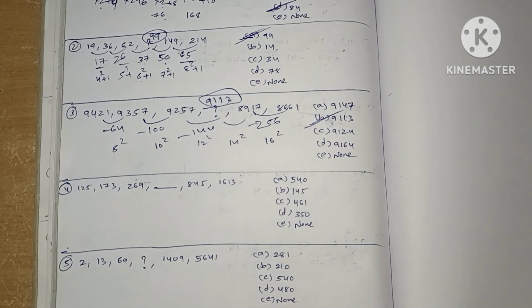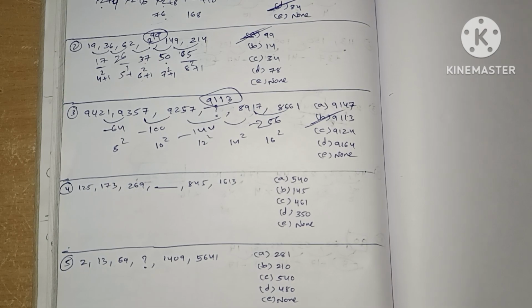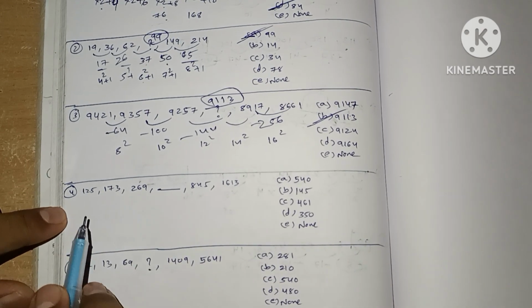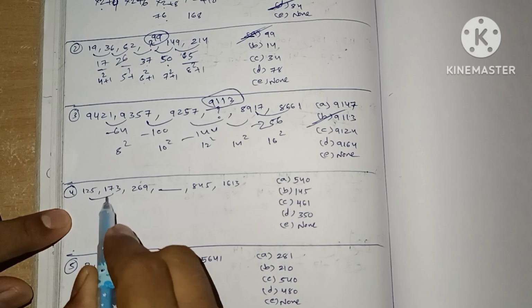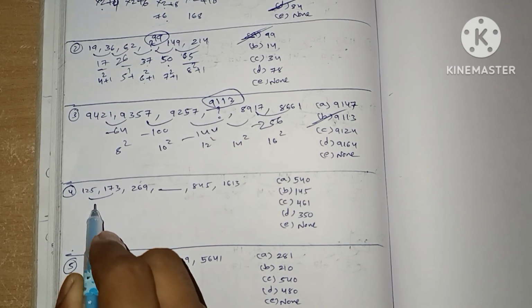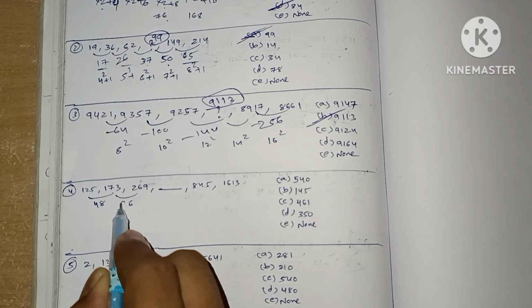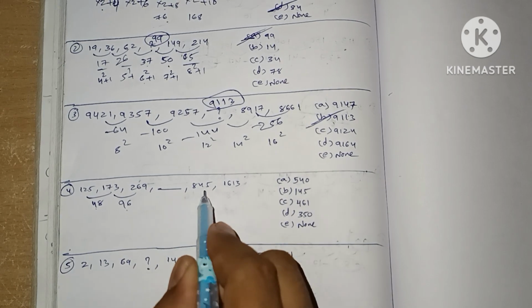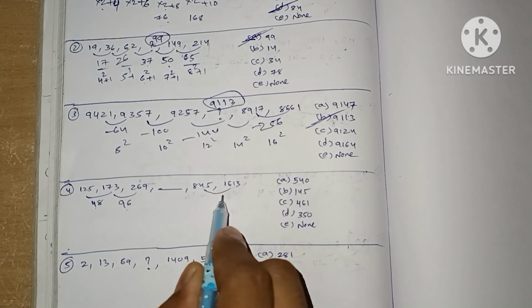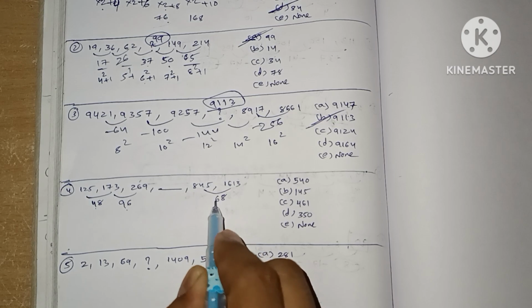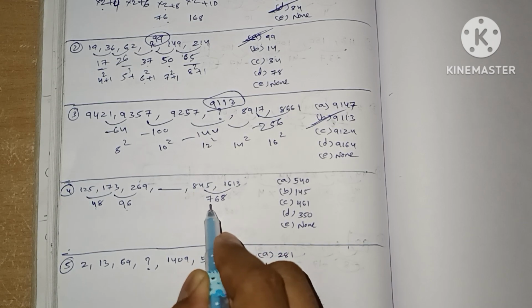Next, fourth question. Here we see the difference of 48. Here we see the difference of 96, double of this one. Here we see the difference of 192.